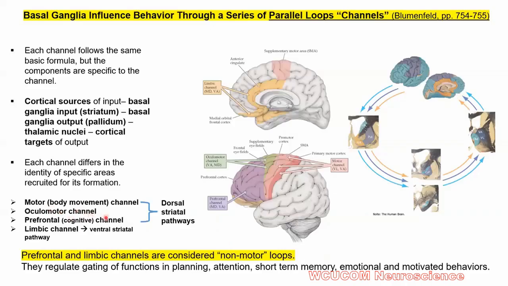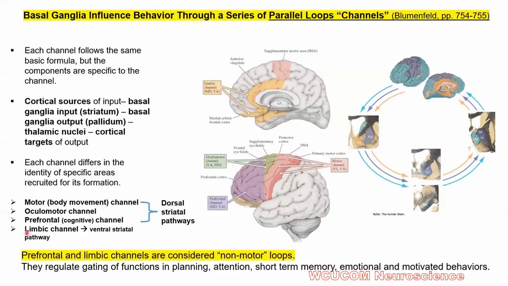In addition to these, we also have the prefrontal or cognitive channel that originates from this broad lateral and dorsolateral area of prefrontal cortex and will signal through caudate for the most part, will signal through other areas of the thalamus, such as dorsomedial nucleus, and then will go back to the same area of the cortex.